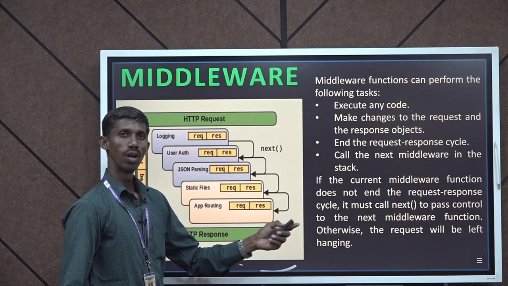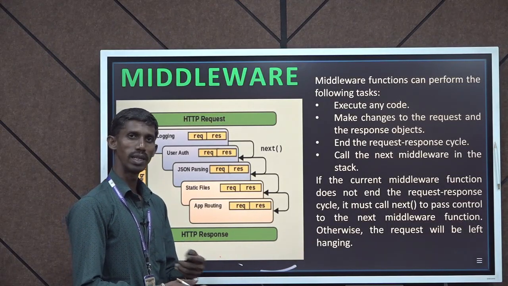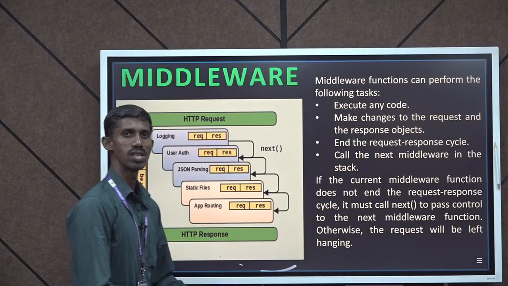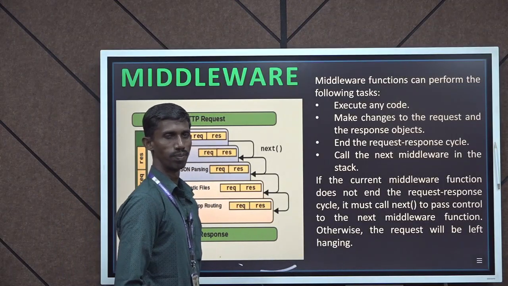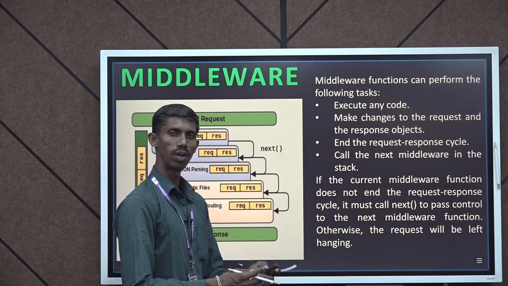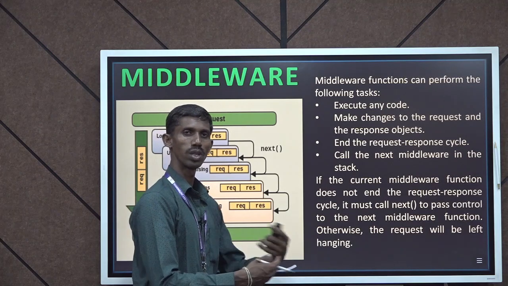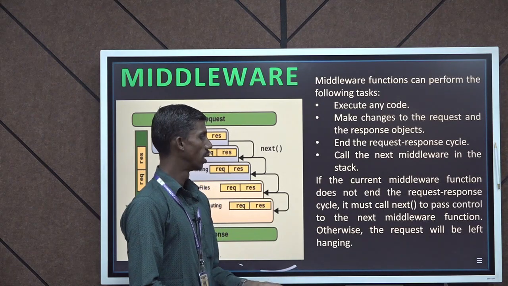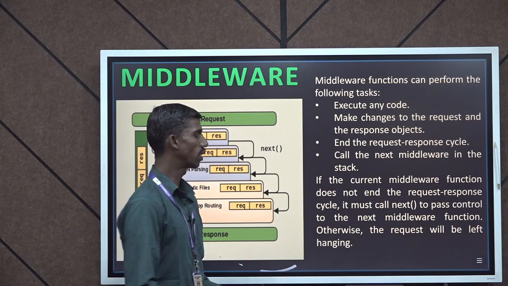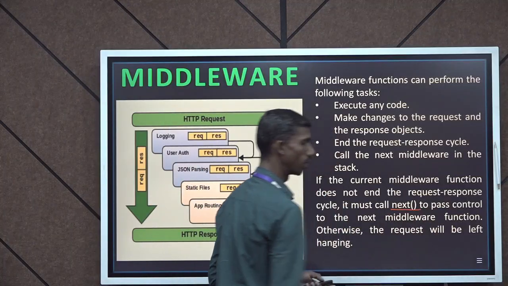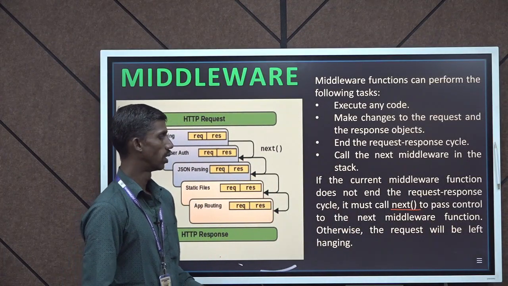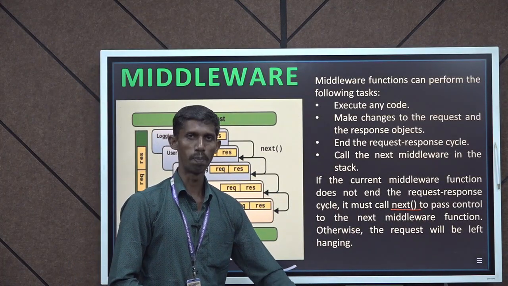Suppose the current middleware is completing its task, then it calls a subsequent middleware. If the subsequent middleware completes, it passes over the control to the next middleware.